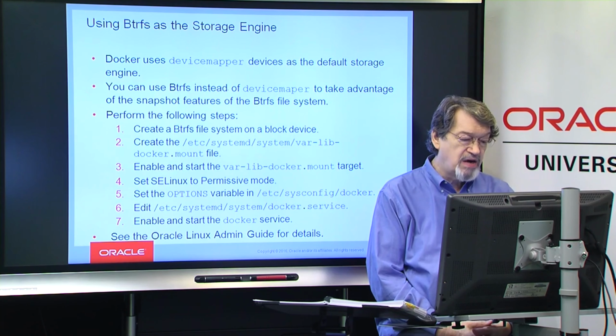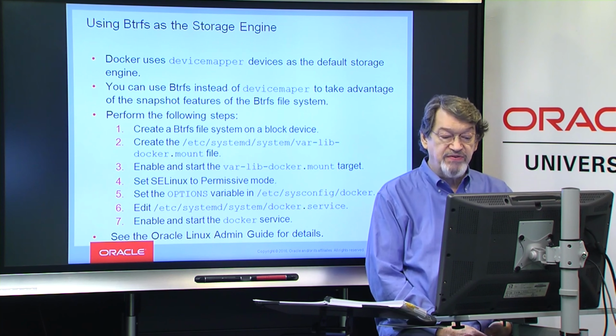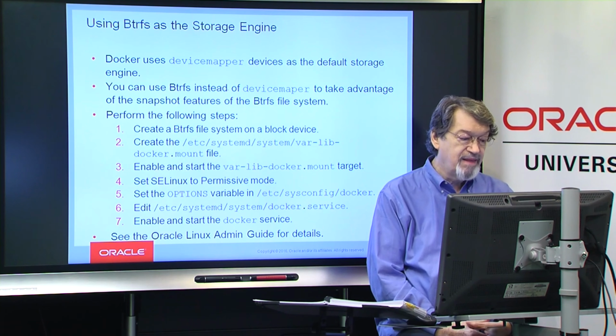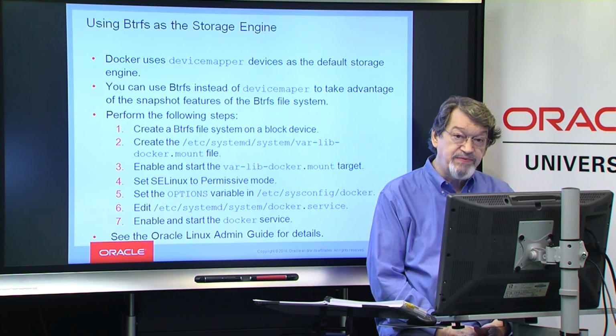Because Docker uses device mapper, you can certainly substitute BTRFS for device mapper and take advantage of obviously the BTRFS snapshot.